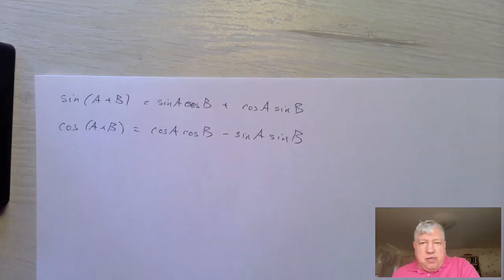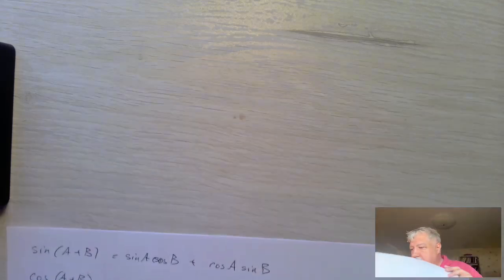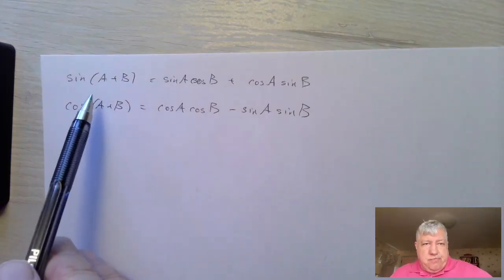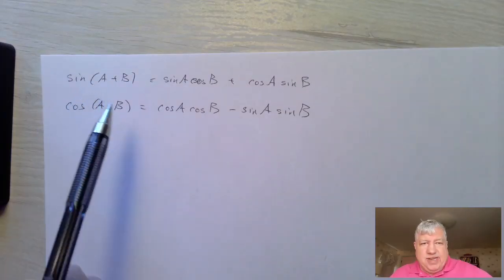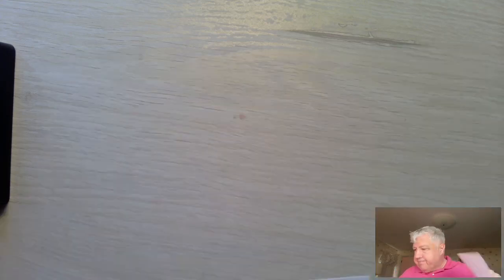It turns out these are the only formulas we need to derive everything. So the question is, why is this true? Well, the easiest way to do this, if we want to find the sine of twice an angle, is to just let a equal b.